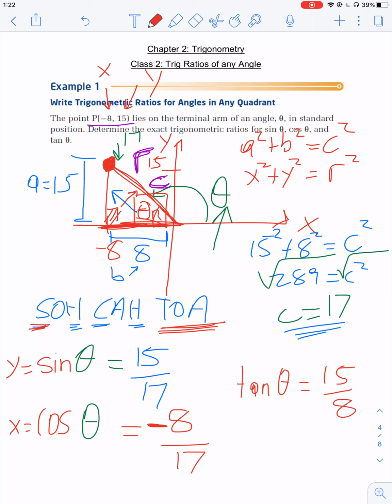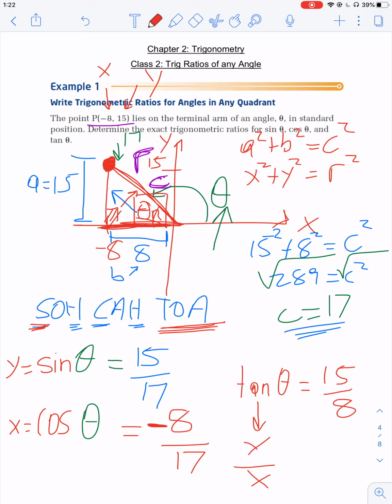Now this one's kind of tricky because tan is neither your x nor your y value. But you know that tan theta is also equal to, sorry, y over x. Tan is equal to y over x.